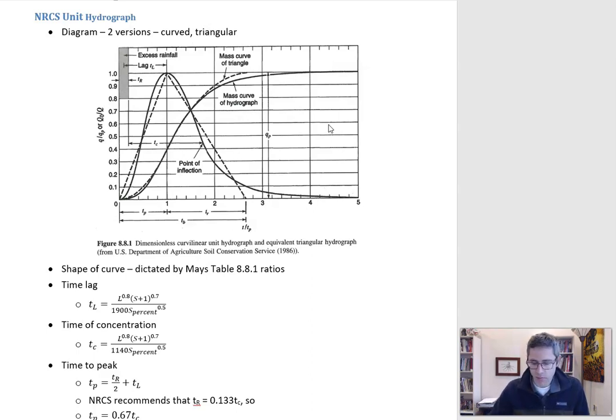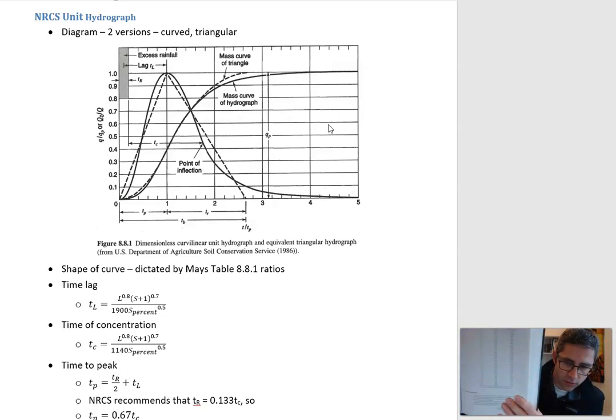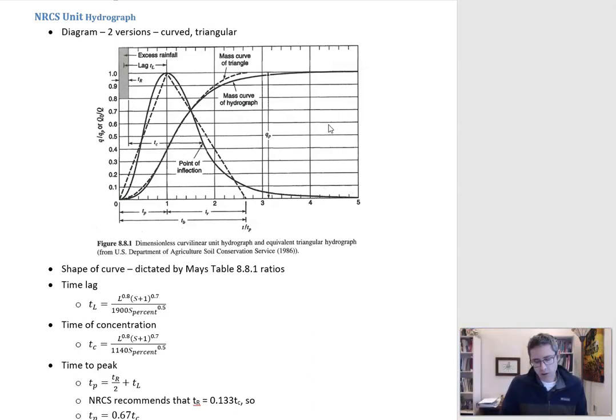It's showing you, for different portions from the start to the finish, what fraction of the total peak is occurring at each of those time intervals so that you can actually draw this curve.